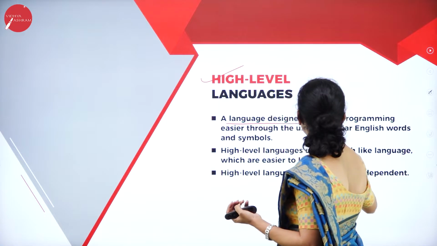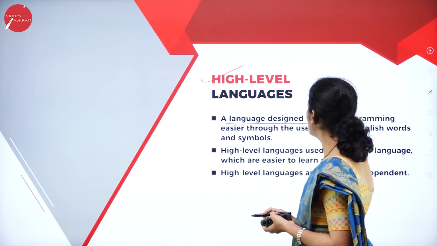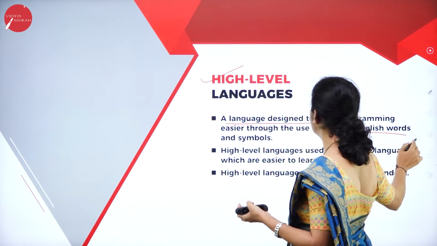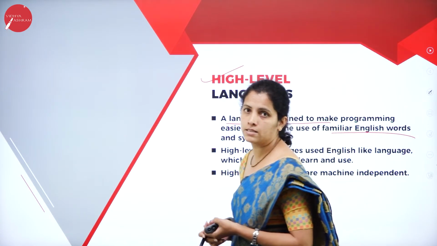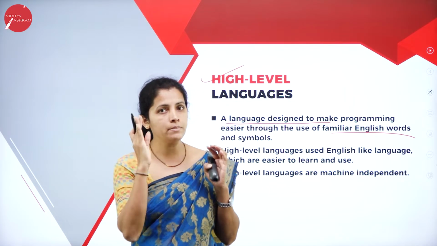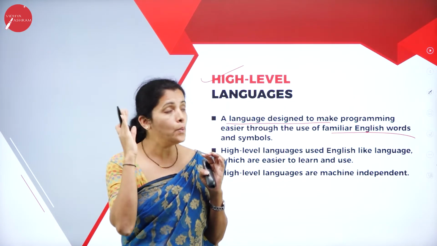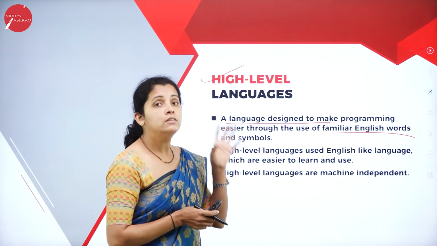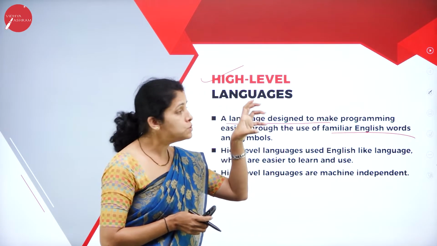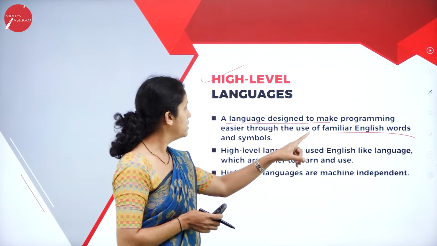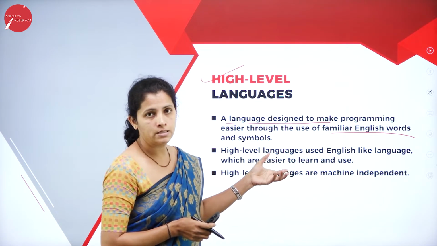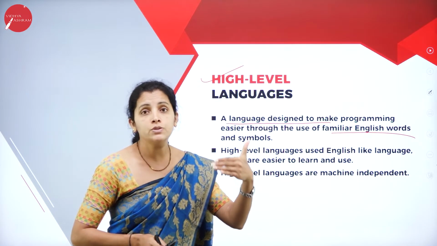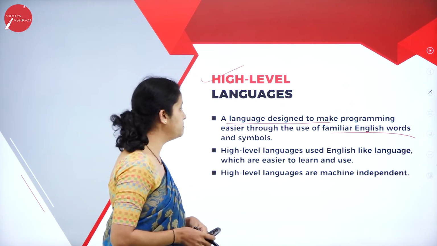A language designed to make programming easier through the use of familiar English words and symbols. So dear student, just remember one thing here. When it comes to high level programming language, the programming language uses English words and some symbols. That means the programs are written by using some English words along with some symbols.